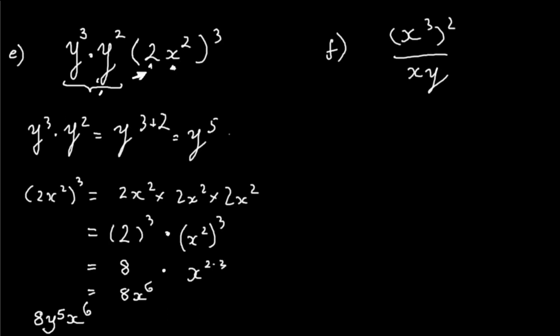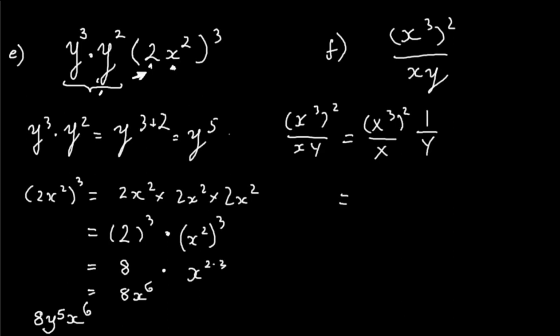All right, so moving on with our next question, we have x cubed raised to the power of 2 over xy, and we can break this expression up as x cubed to the 2 over x times 1 over y.